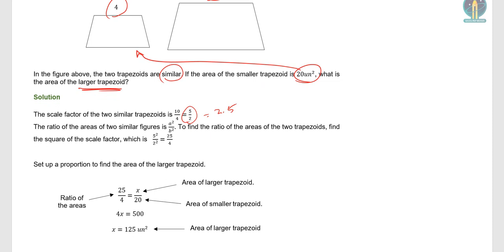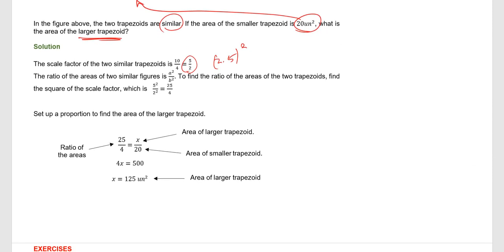The ratio of the areas of two similar figures is the square of the scale factor. So it is 2.5 squared. So the scale factor for areas is 2.5 squared, or 5 squared over 2 squared, which is 25 over 4. We can set up a proportion to find the area.